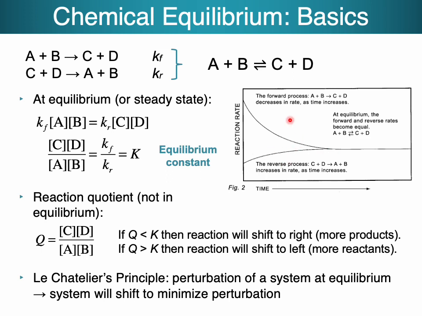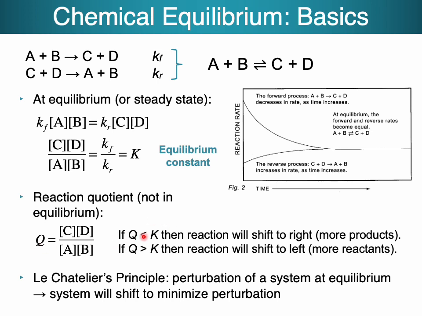But let's say if the system has not arrived at equilibrium yet, then this ratio is simply the reaction quotient. And comparing the reaction quotient with the equilibrium constant can actually tell us where the reaction should be going. Should more forward reaction be occurring, or should more reverse reaction be occurring? All right, would the system be shifting to the right or shifting to the left?